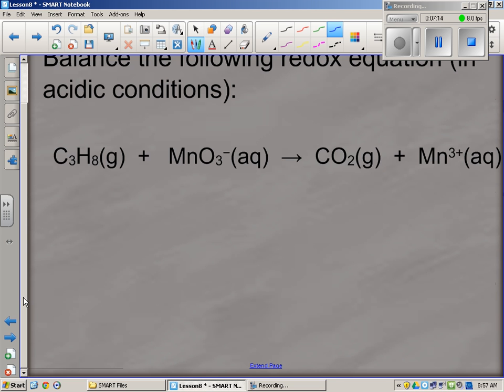Let's take a look here. Well, hydrogen is a 1+. Okay, so if I have hydrogen with a 1+, that's an 8+. What does the carbon have to be in order to balance that out? If that's an 8+, what does carbon have to be to cancel that out? 8/3?